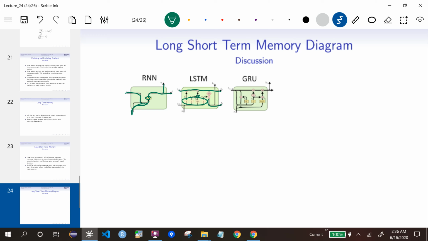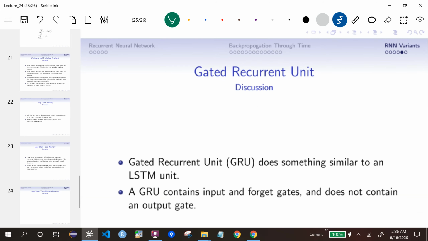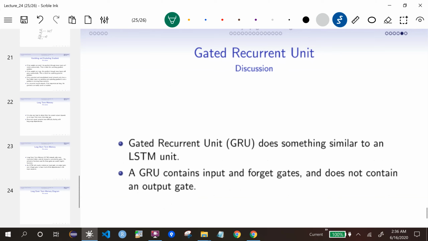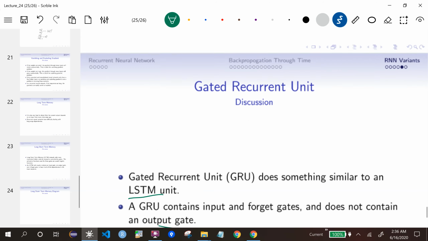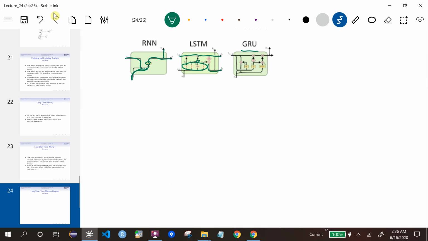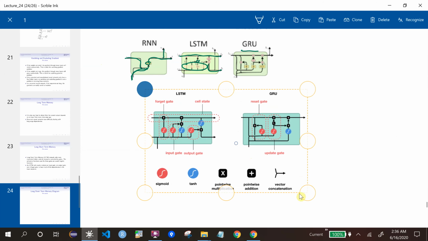And there's another structure called GRU that I included in the next page. Gated recurrent units, they are very similar to these LSTM units, but they have different activation functions, basically different gates. So let's get back here, and I do have another, hopefully more clear diagram.